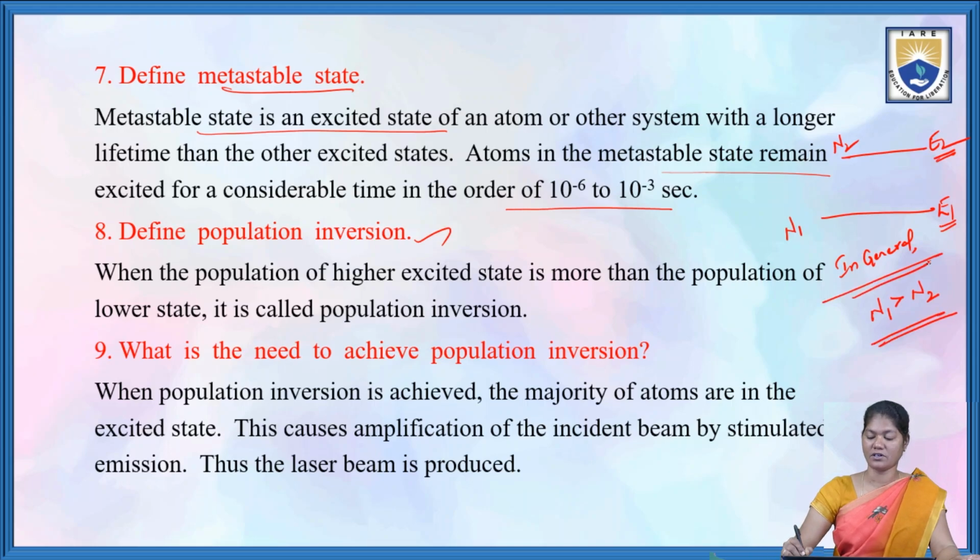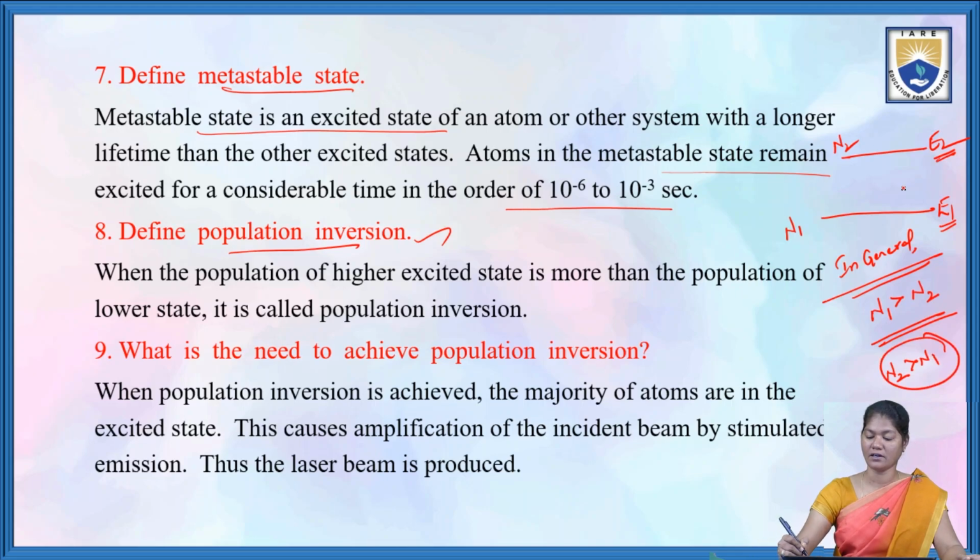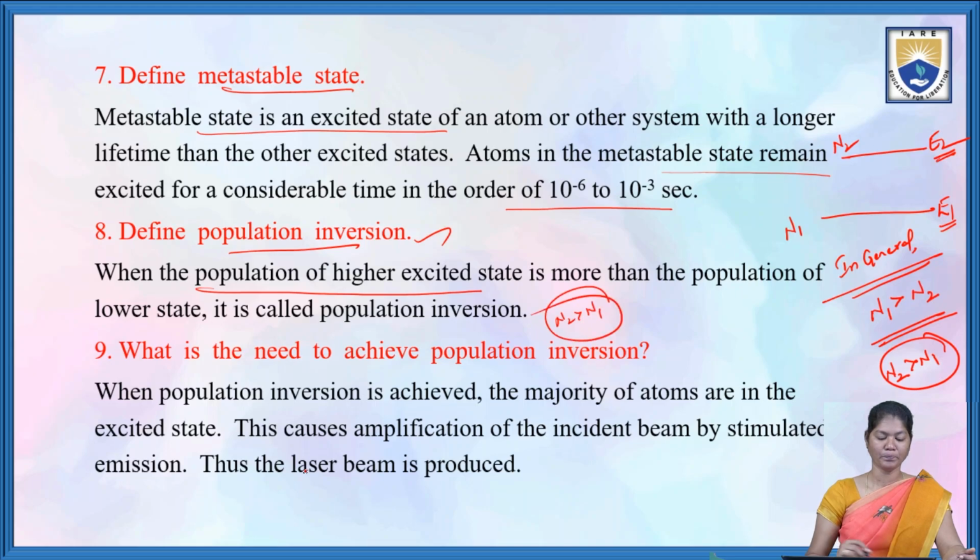But in population inversion, the condition is reversed, that is, N2 is greater than N1. More atoms are in the excited state compared to the lower energy state. When the population of the higher energy state is more than the population of the lower energy state, it is called population inversion.